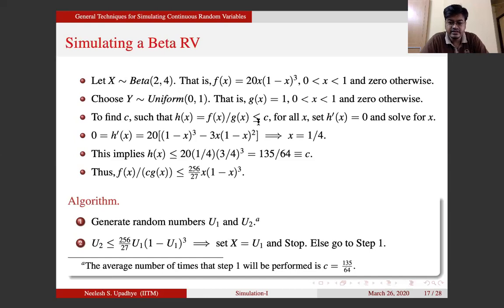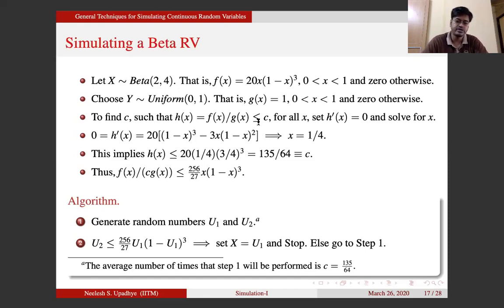If you look at this number c, that means for roughly every 2 point something steps, we have one random variable generated. So it's only about half of the times that a random variable is generated when you are considering this particular algorithm.